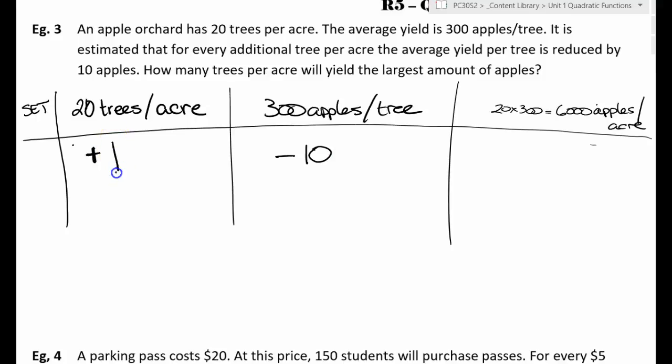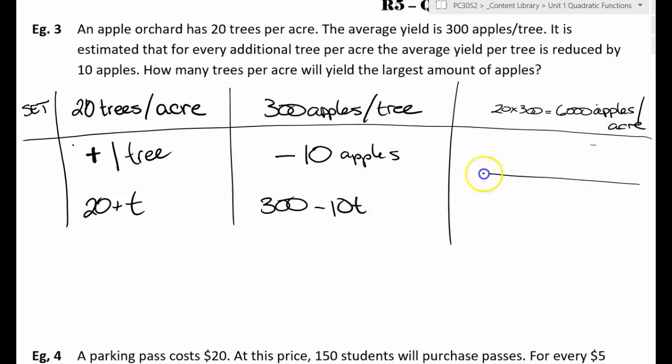So I'm going to plus 1 tree, take away 10 apples. Okay, so in general, we could say that 20 plus t trees would result in 300 minus 10t apples per tree.